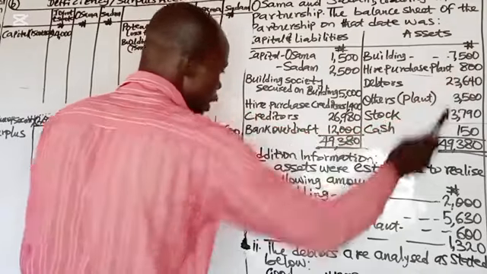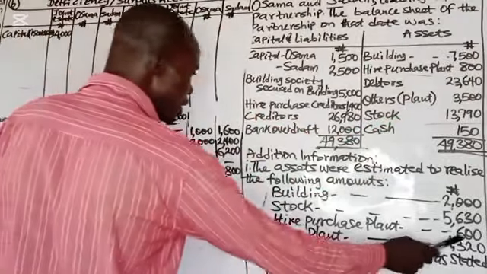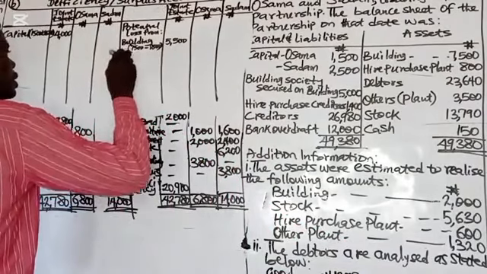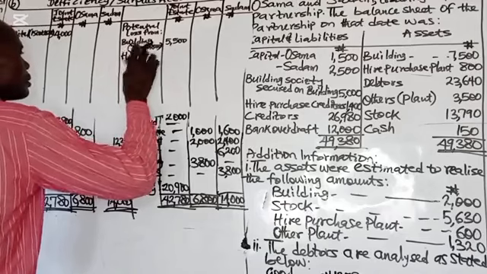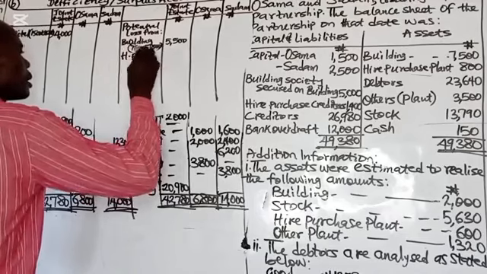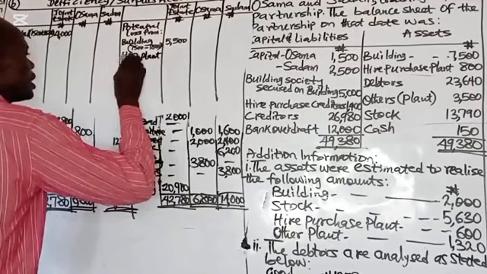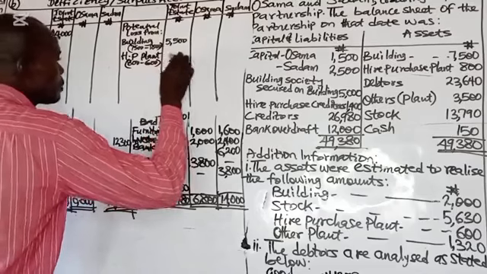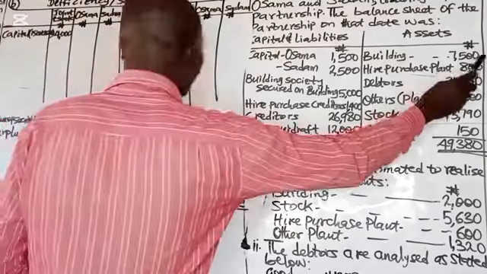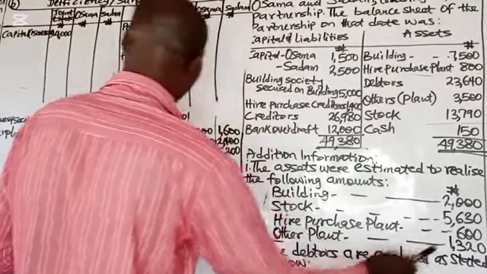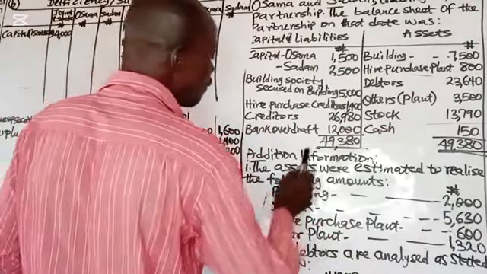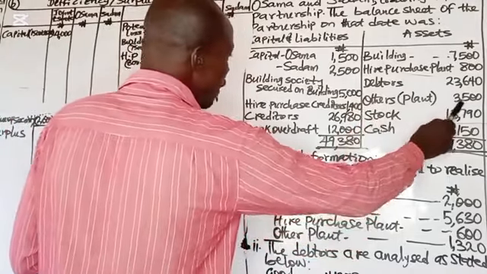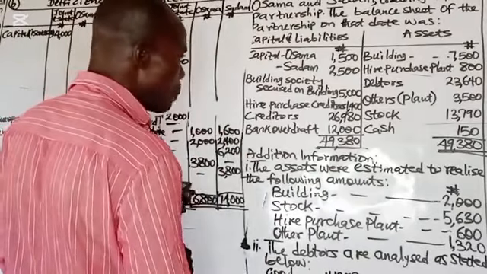We have hire purchase plant. The book value is 800. The realizable value is 600. So we have a loss on hire purchase plant, book value of 800 minus 600. So you have a loss of 200. Then we have other plants, 3,500.